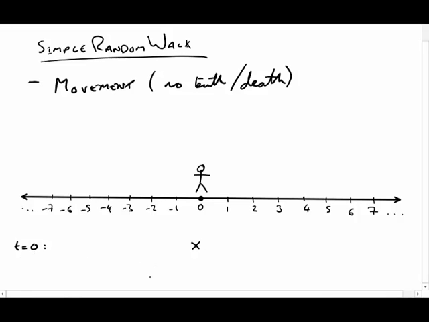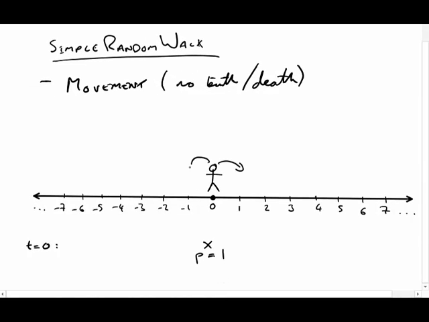Obviously at time equals 0, at the start, there's only one place that we can be, and that's how I'm defining this. So therefore, the probability that I'm ending up in this position is 1. Now, I can either move left or right by one step, and I've got a probability of moving each way.